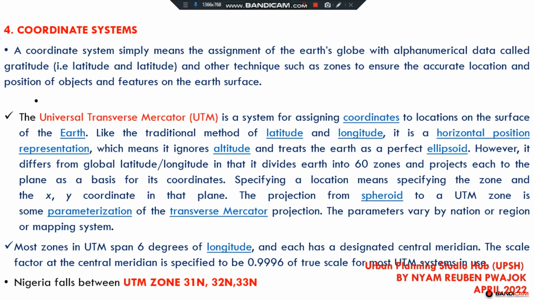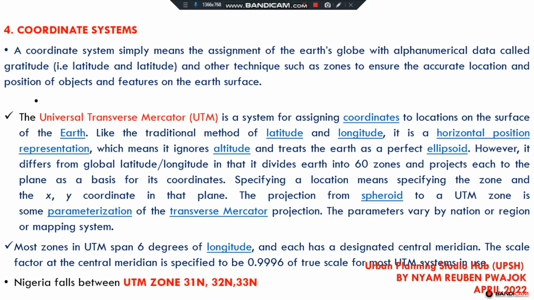Now you can go ahead and look at what ellipsoids and geoids are. I don't want us to go deep into those areas. However, it differs from global latitude/longitude in that it divides Earth into 60 zones and projects each to the plane as a basis for its coordinate system. Specifying a location means specifying the zone and the XY coordinate in that plane.